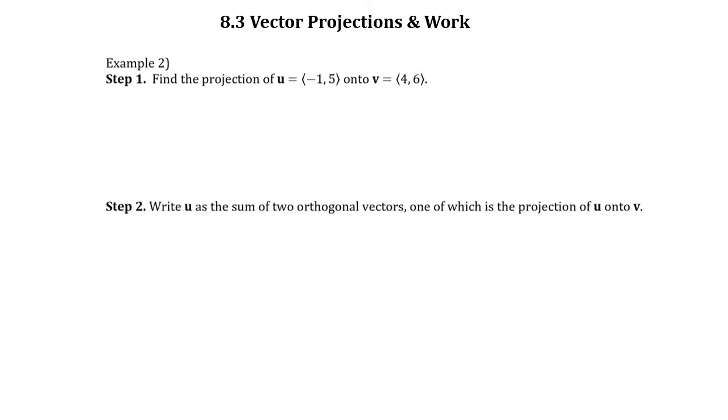And this one, the numbers are not as nice. In most cases, the numbers are not going to be that great. We're going to do the same thing. We need u dot v, and we need the magnitude of v. So u dot v is -1 times 4 plus 5 times 6, and that turns out to be 26.